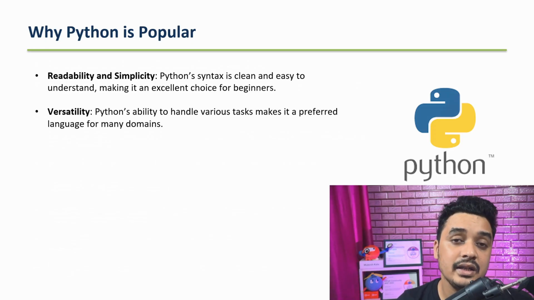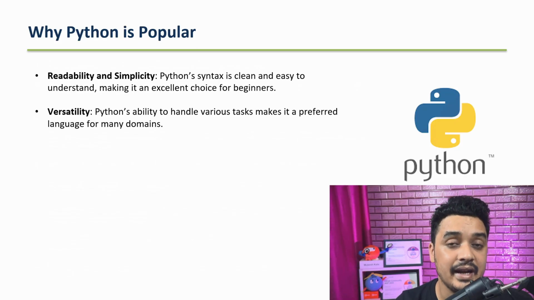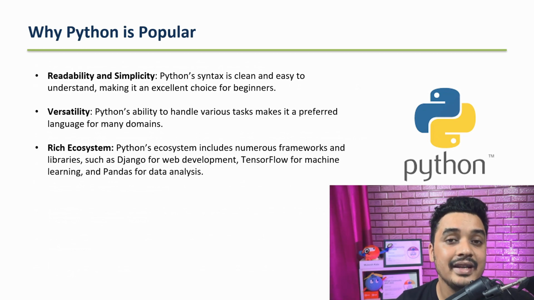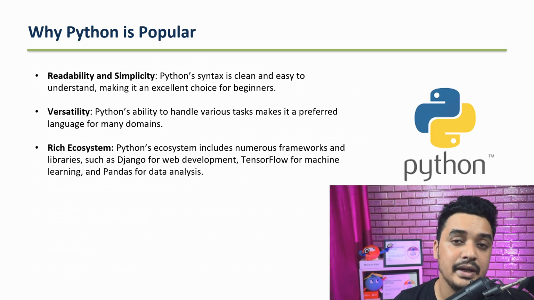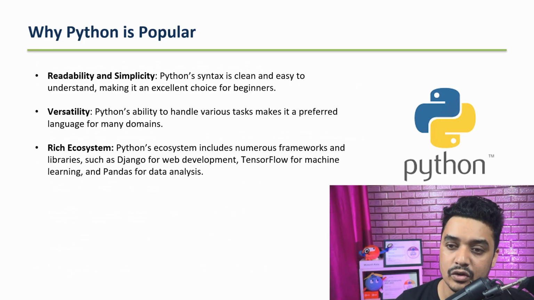Second, Python is versatile. It can handle a large number of tasks as well as a varied range of tasks. Python has a very rich ecosystem, which means that depending on your requirement, for example, if you want to do web development, you have the Django framework.